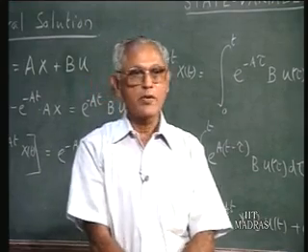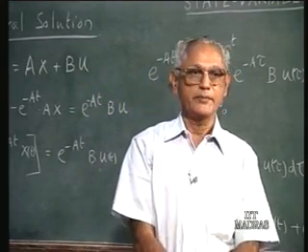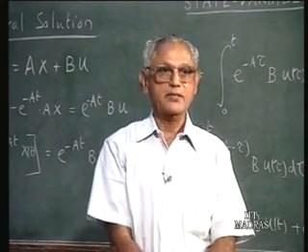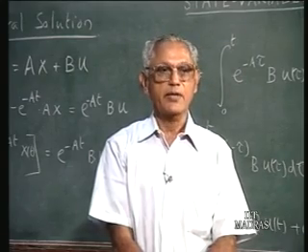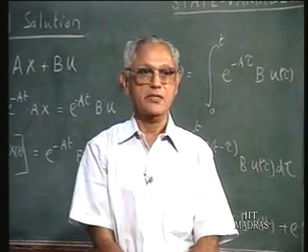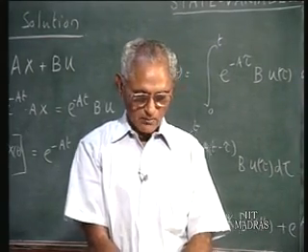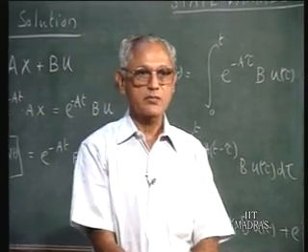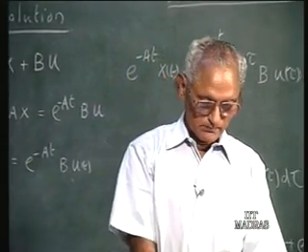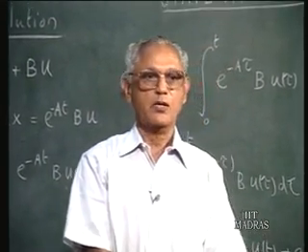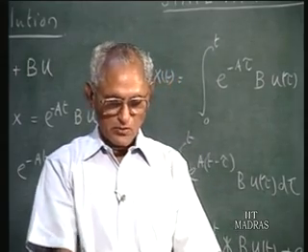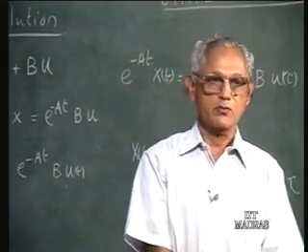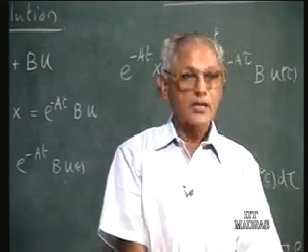An alternative way of working in time domain would be to take a finite series approximation for e power at, by taking the infinite series and truncating at a particular point. We said this does not recommend itself because we do not get a closed form expression. It may be suitable for computer working, but not when you want to do it analytically and arrive at a closed form expression.